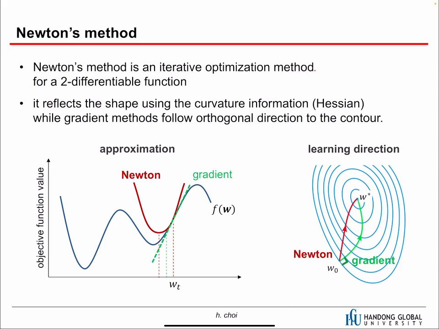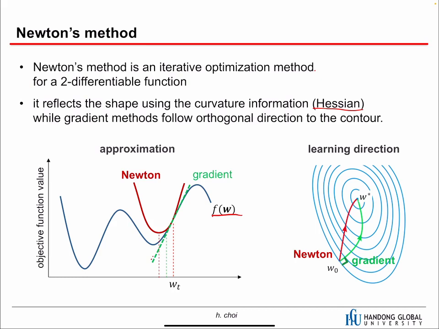And it reflects the shape using the curvature information, which can be represented by a Hessian matrix, while gradient methods just follow the direction orthogonal to the contour. Here is an approximation and the learning direction. When we have an objective function, the gradient method is approximating this function with a linear model.